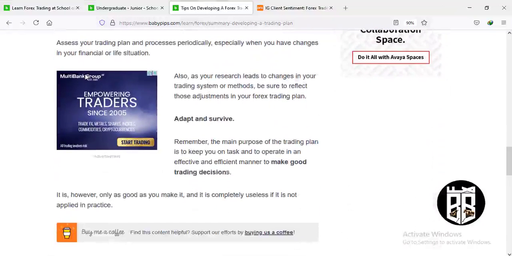So as you research your trading system or method, be sure that those adjustments are reflected in your forex trading. Now adapt and survive. Remember, the main purpose of a trading plan is to keep you on task and to operate in an effective, efficient manner to make good returns.